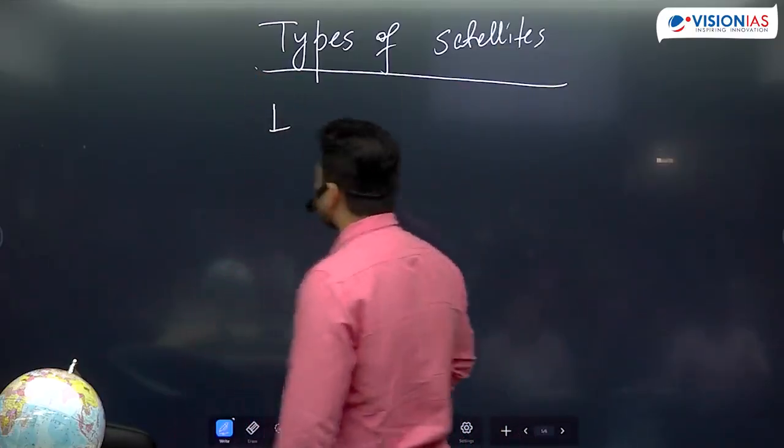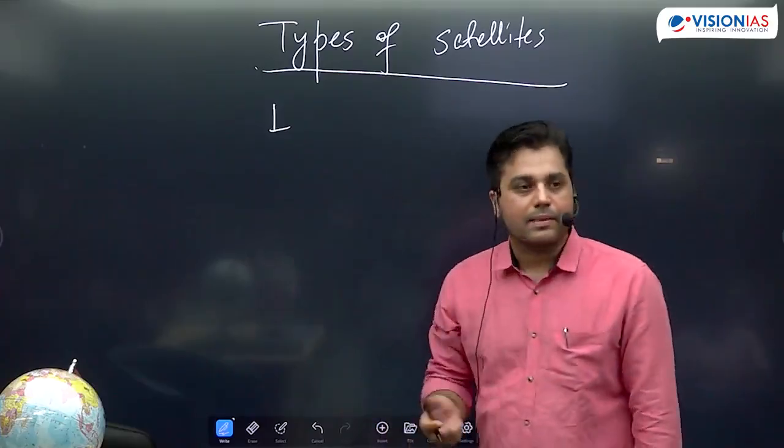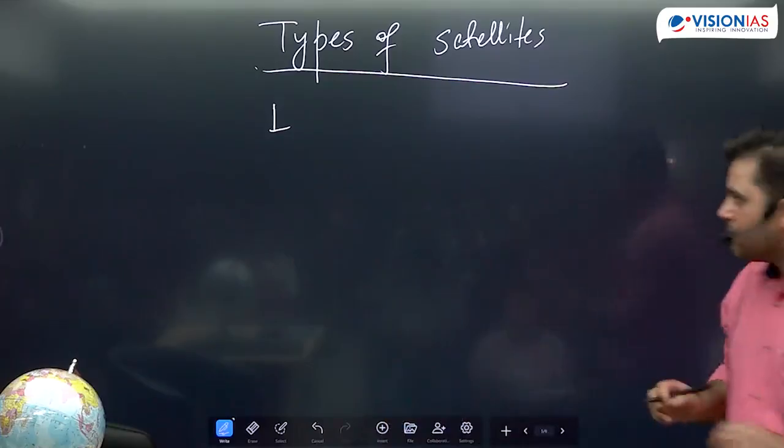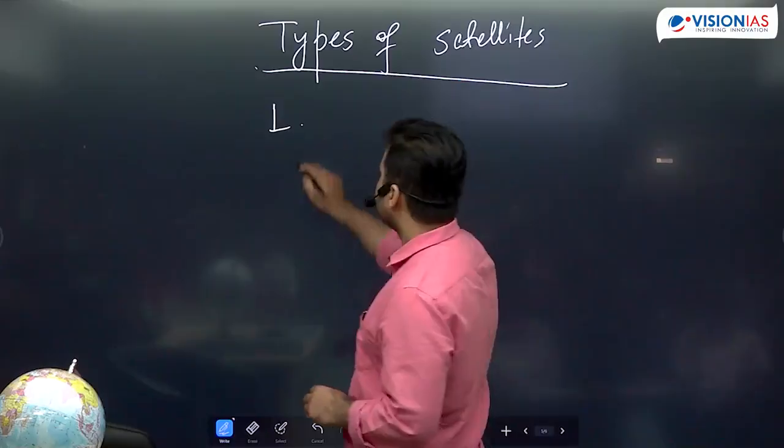I'm only going to focus upon 3 types of satellites. There can be other types also, small experimental satellites, but we do not have to worry about them. So I will only focus upon 3 types of satellites.